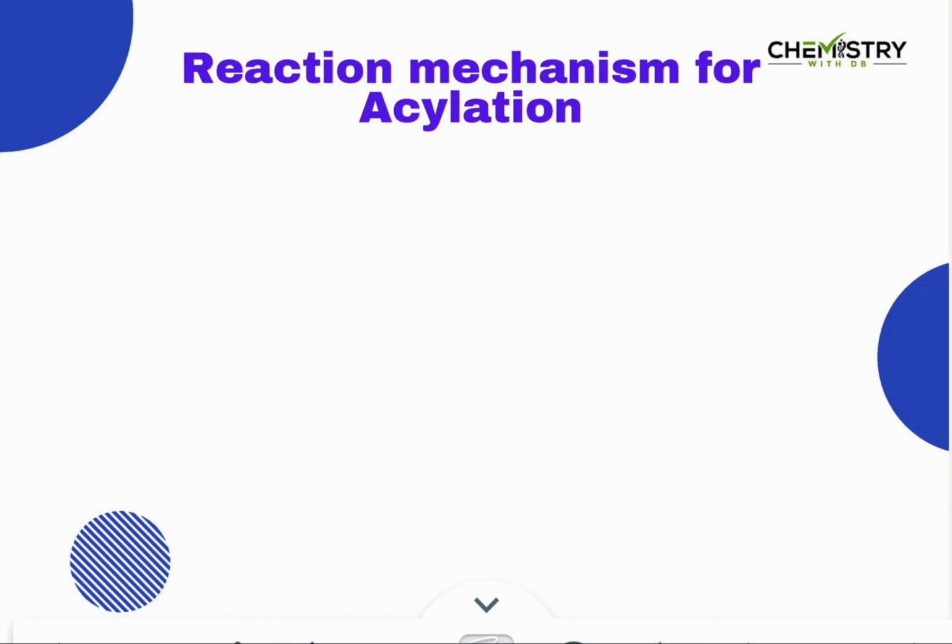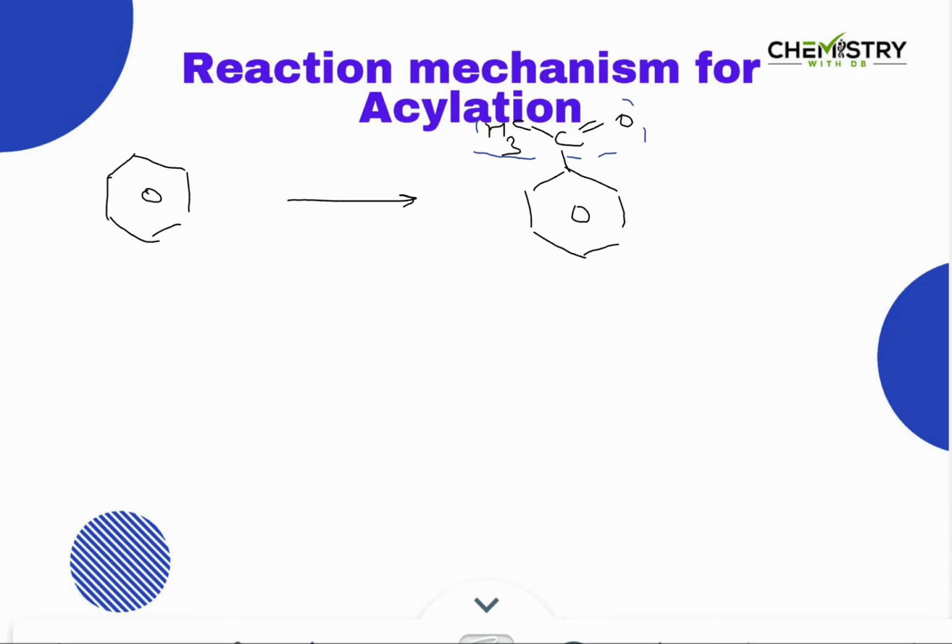Now let's look into the reaction mechanism of this one. So let's say, for example, we want to make phenylethanone from benzene. So this is our target molecule. Now as you can clearly see, this is an acyl group.